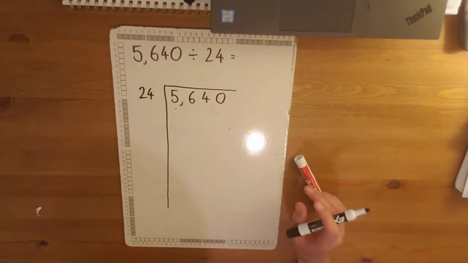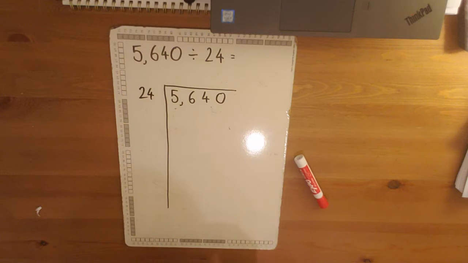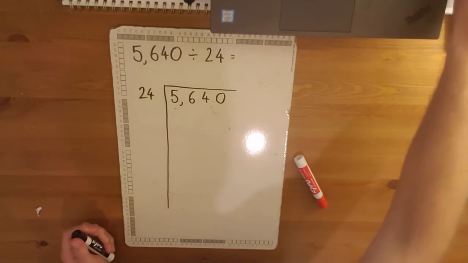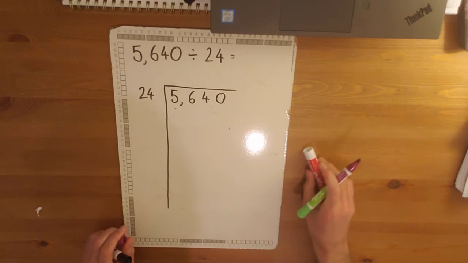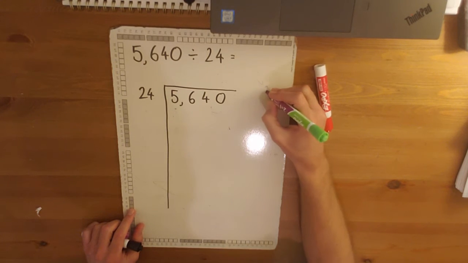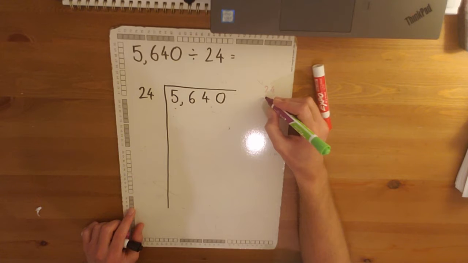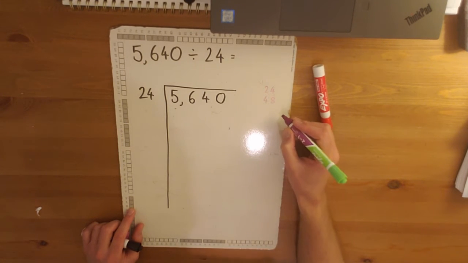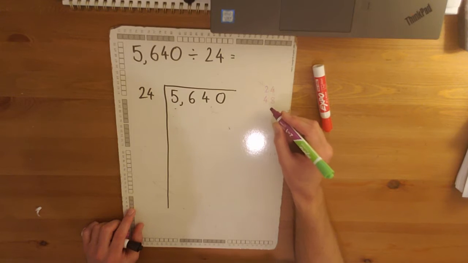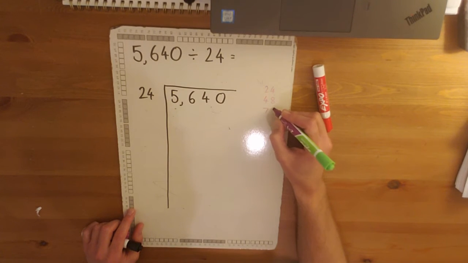Now what I like to do sometimes, what might be helpful for some of you guys, is to make a note of the times table facts related to 24. So you might know that 1 times 24 is 24, 2 times 24 is 48. Then if I add another 24 on, that makes 72.